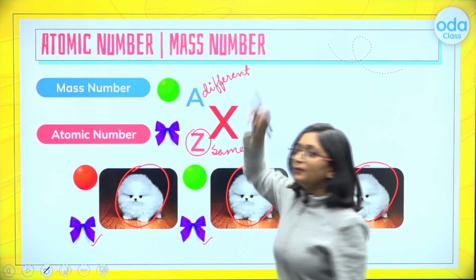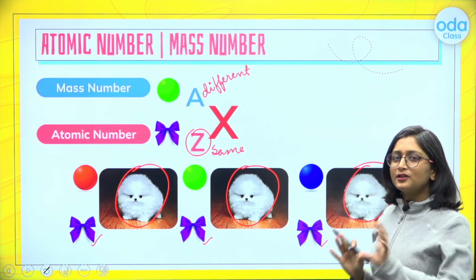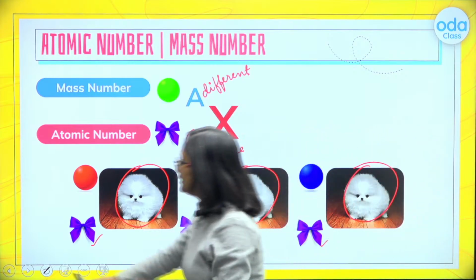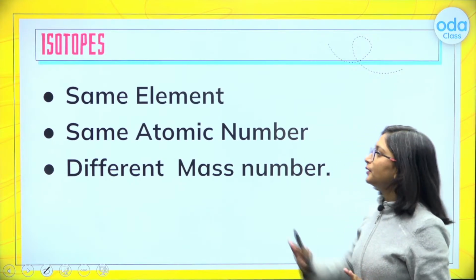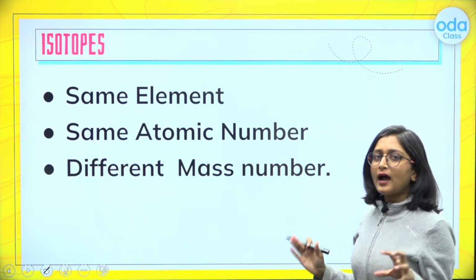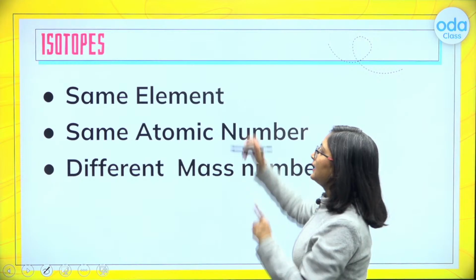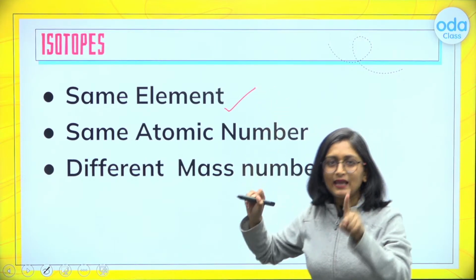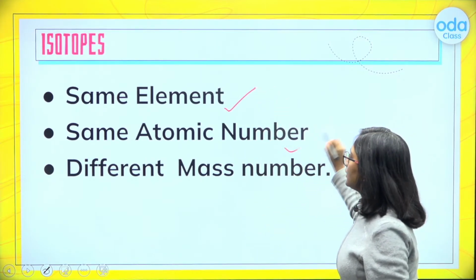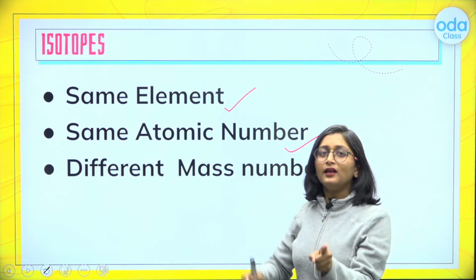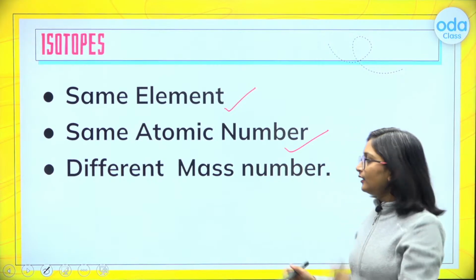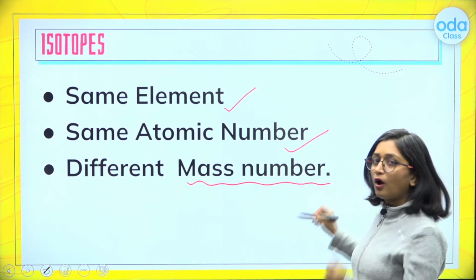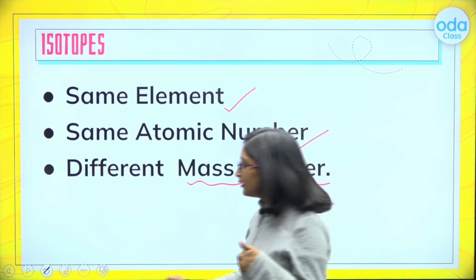So if the atomic number is the same and the mass number is different, we will conclude that they are referred to as isotopes. In the case of isotopes, you have to remember that it would have the same element, same atomic number. When the atomic number is the same, definitely the element will also be the same, but what is different? Different would be the mass number. Got it? Understood? Right.